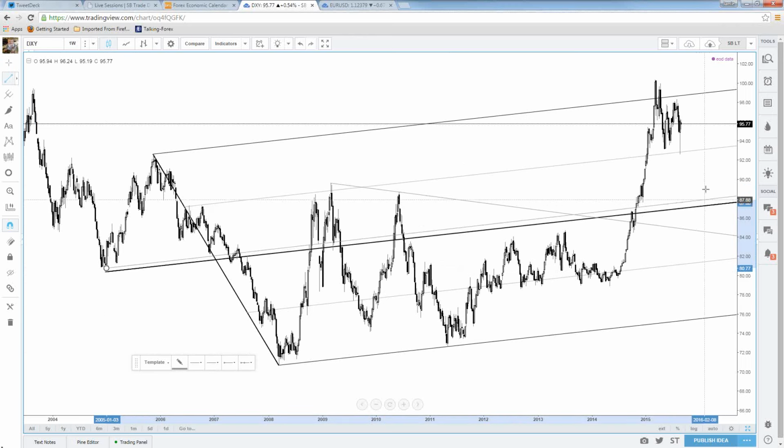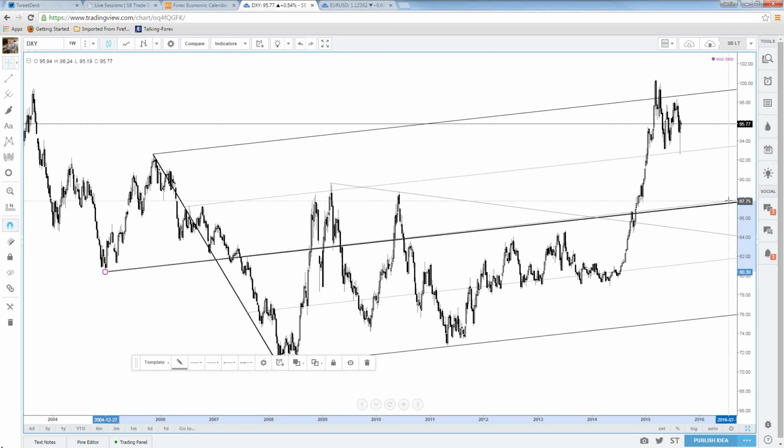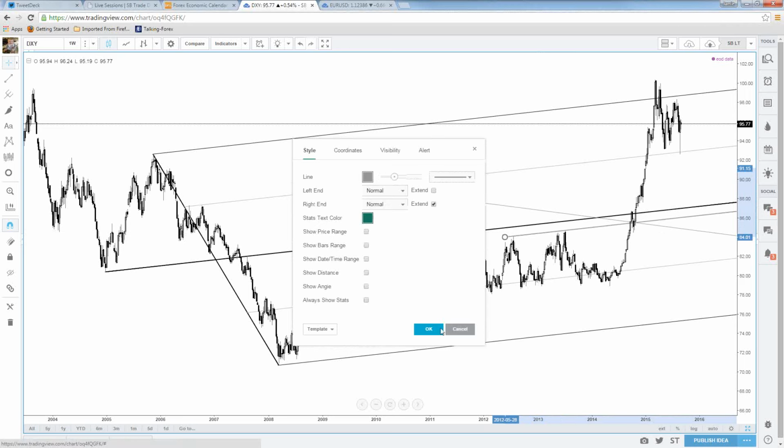As best I can, one second. I'm going to make a sliding parallel here on this ICE dollar index long-term chart. So you see how that went right there, right? It's really nice looking. Just be aware of that level.